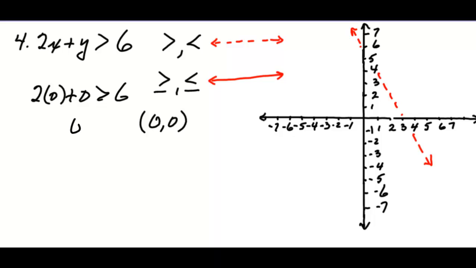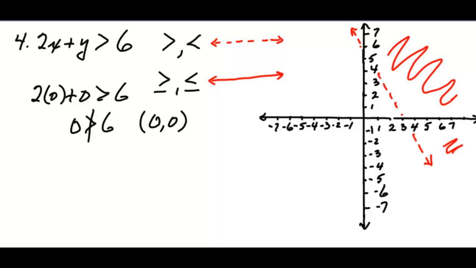Is 0 greater than 6? If it is, then you shade on the side with the 0, 0 point. But in this particular case, it's not greater than 6. That's not true. So when I go to shade, I'm going to shade everything on this side of that line. All right? And that's graphing your inequality.